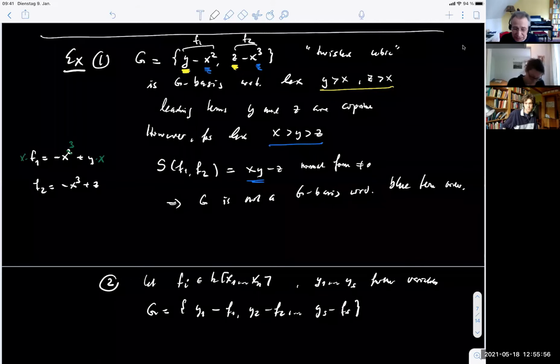These are the polynomials that arise when I study the graph of the map given by the f's. And I claim this is a Gröbner basis.